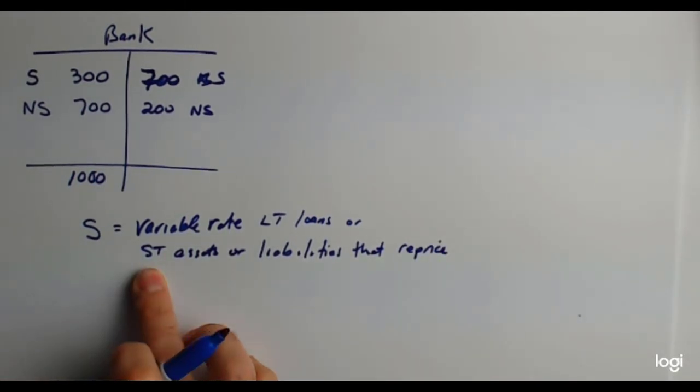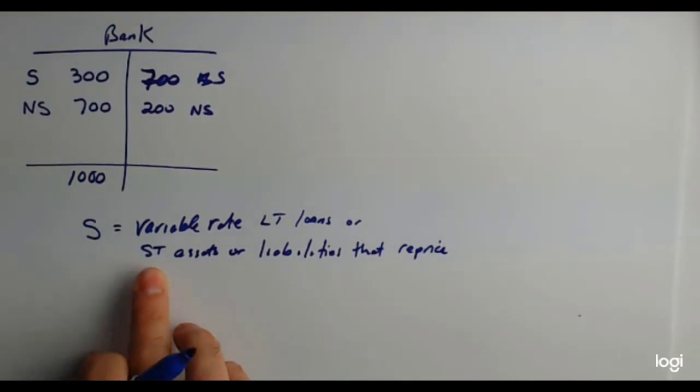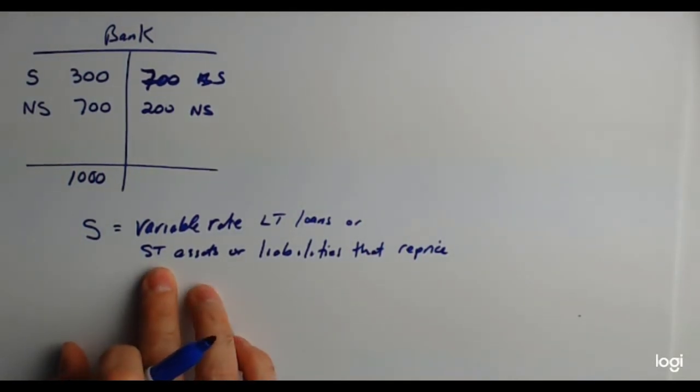In other words, they reprice periodically, quickly. In other words, they roll over and a new interest rate is determined.